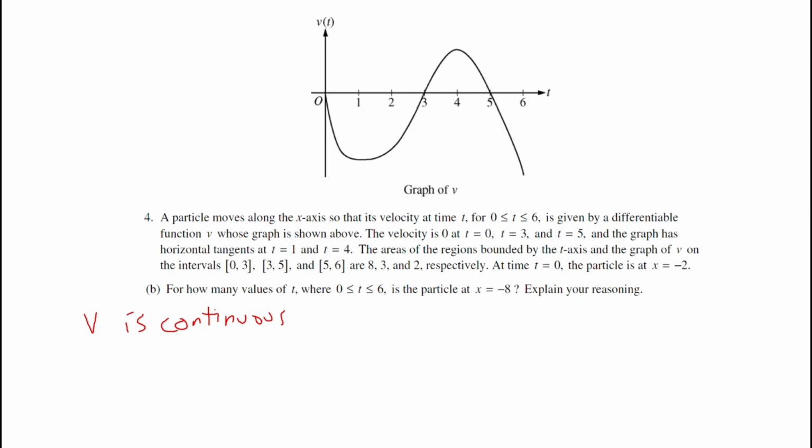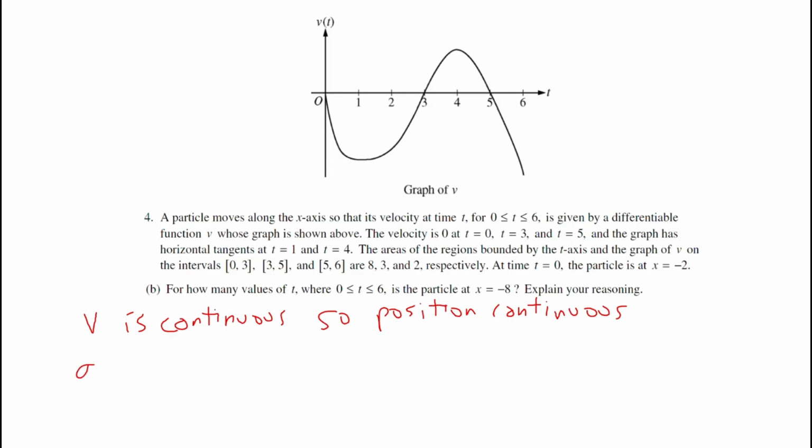We know that, and it's a differentiable function. So if the velocity is continuous, that must mean that the position is also a continuous function. Therefore we can apply the intermediate value theorem to find when the particle is at -8.